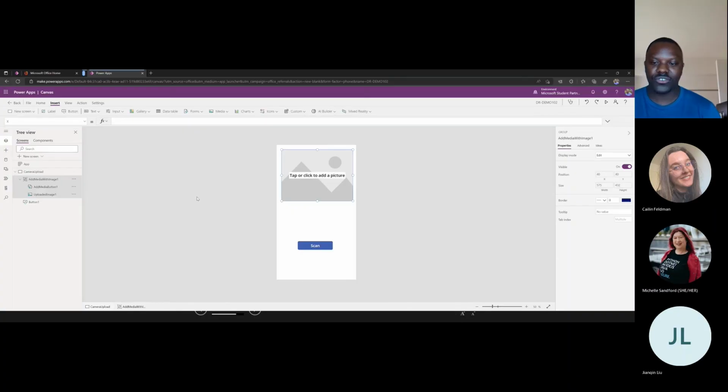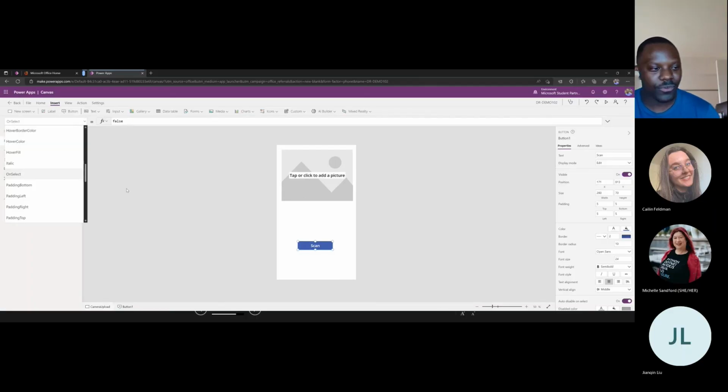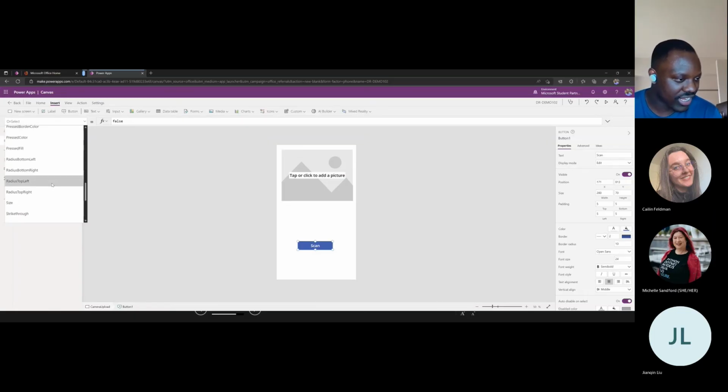And so what we need now to do is actually use a bit of logic, because when you press this button, we want to tell it to actually send this image to our custom vision service. And so with Powerapps, each component has various functionality. So scan is a button, and as a button, you can have design edits, but you can also have functionality as well.